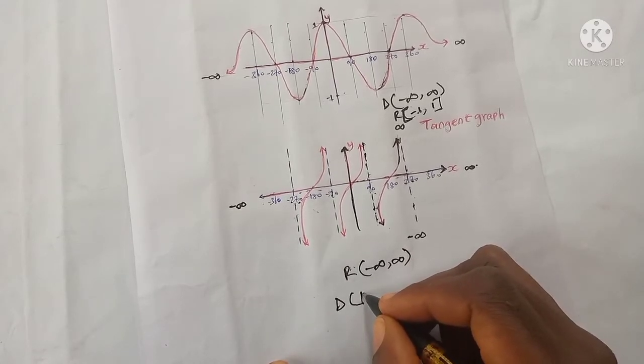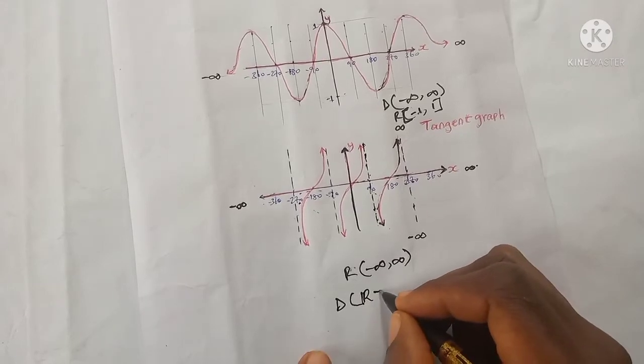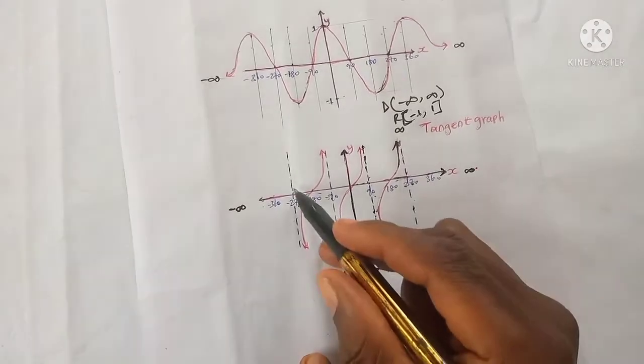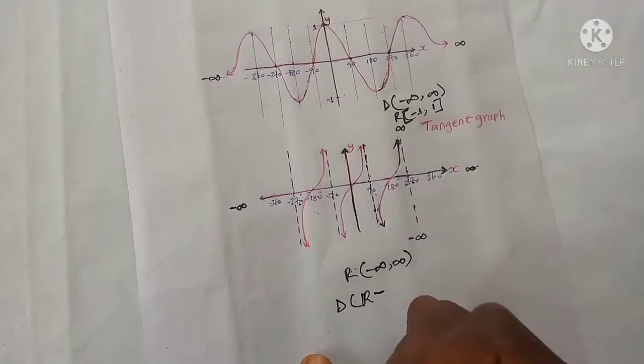is we're going to write it as real numbers minus. Now how do we remove all these vertical asymptotes here? How do we remove them?